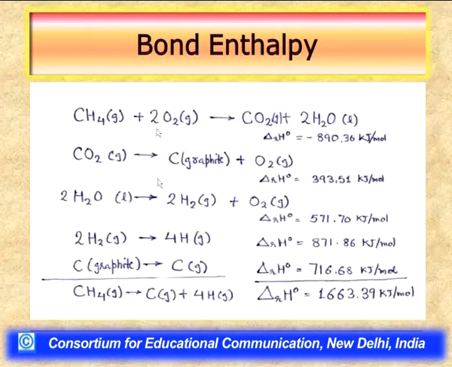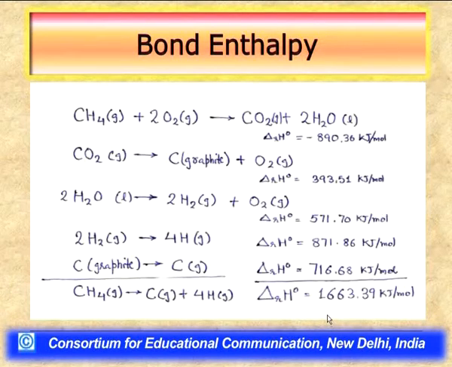So, when we take the sum of all these reactions, it leads to ultimately this final reaction. Correspondingly, we can also add the enthalpy changes for these 5 different reactions, and the addition as a result gives delta rH standard, that is the enthalpy change for this decomposition reaction.